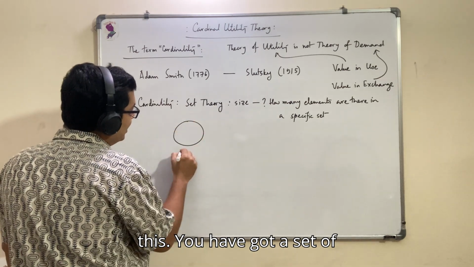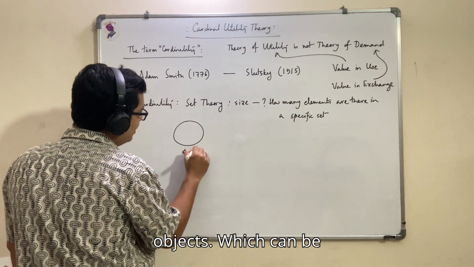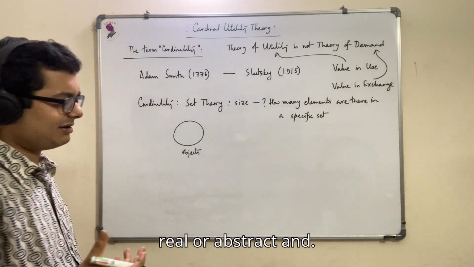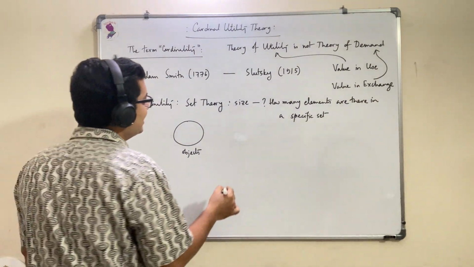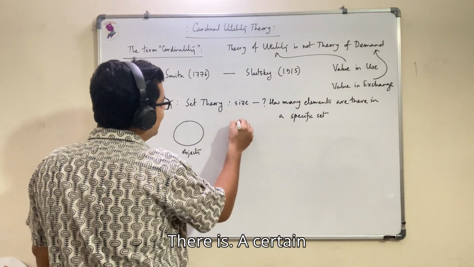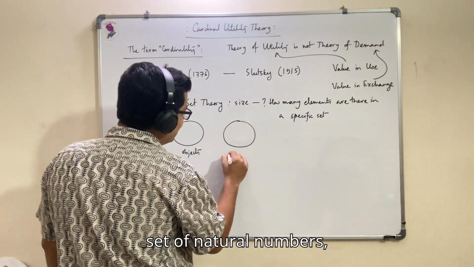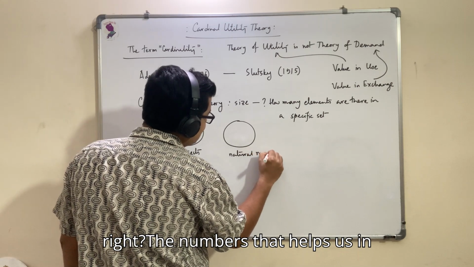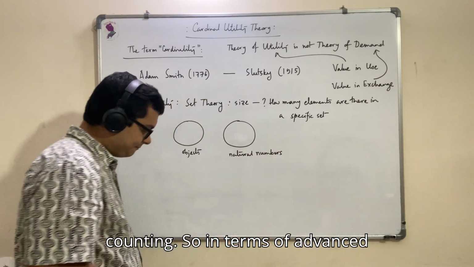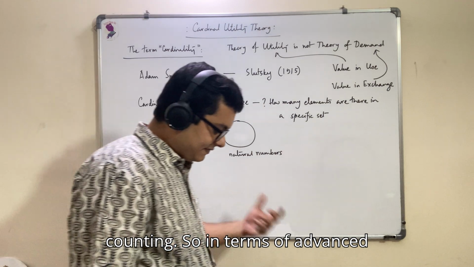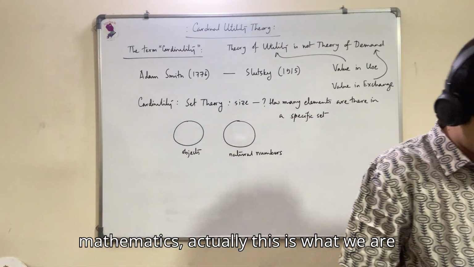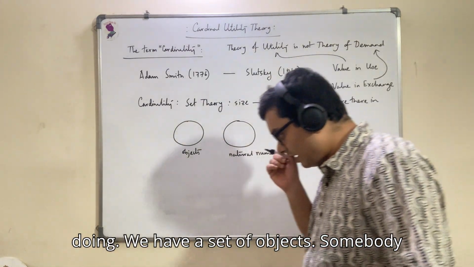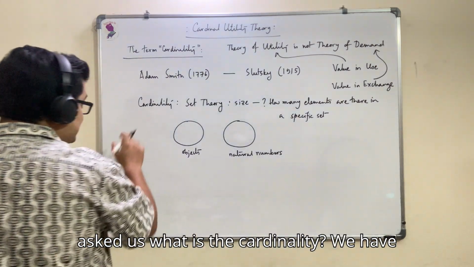You have got a set of objects which can be real or abstract, and there is a certain set of natural numbers, right? The numbers that help us in counting. So in terms of advanced mathematics, this is what we are doing. We have a set of objects. Somebody asked us what is the cardinality.